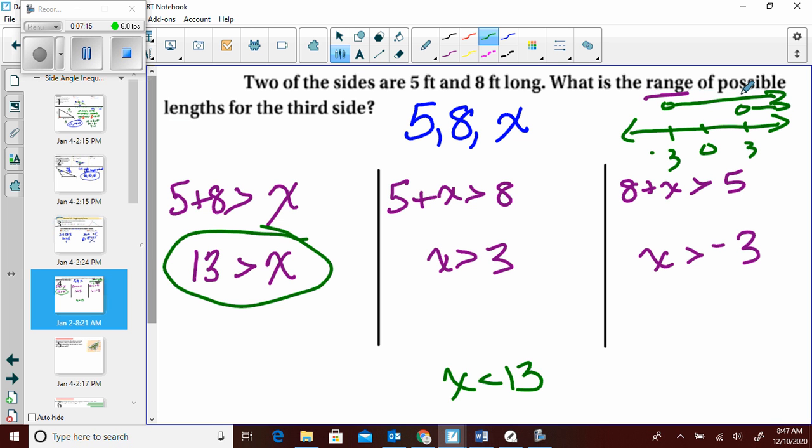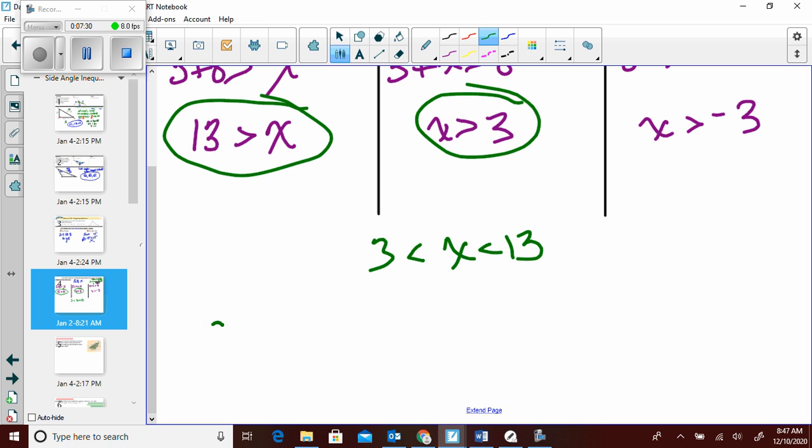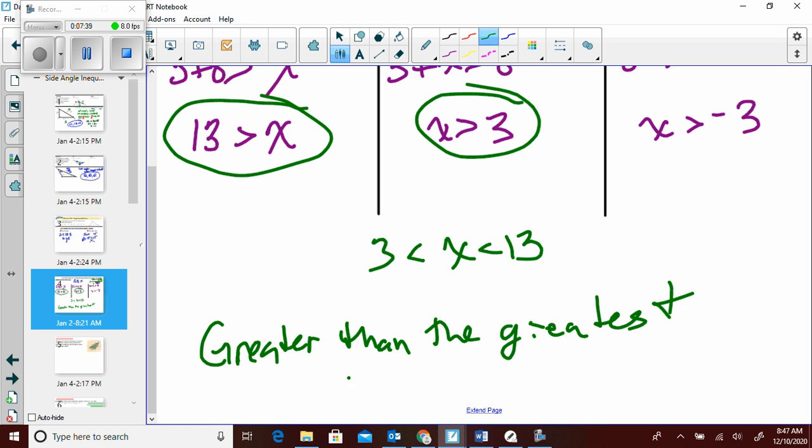It has to work for both of them, so it has to be greater than 3. Greater than the greatest, less than the least.